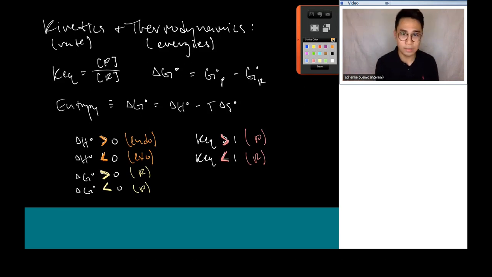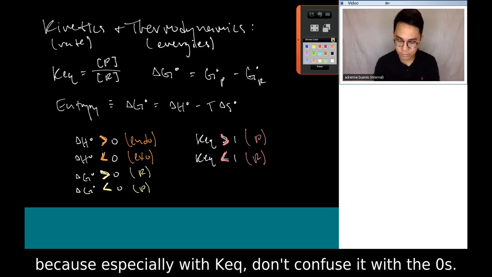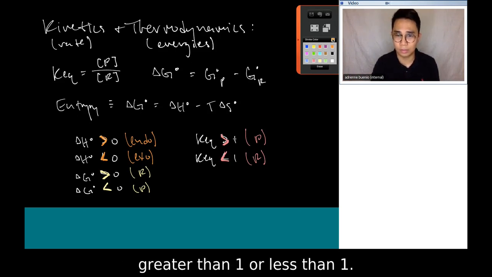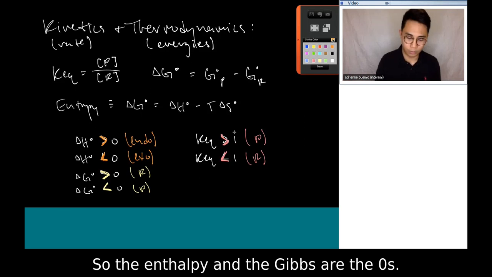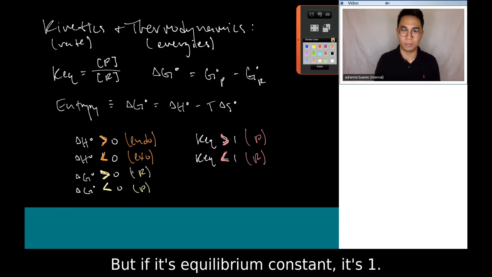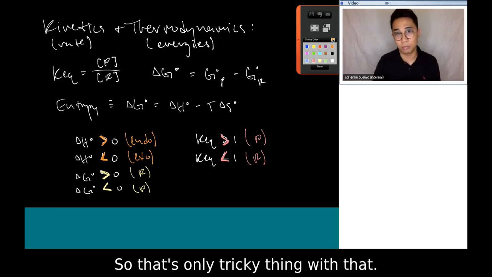These are probably the most annoying, especially with KEQ, don't confuse it with the zeros, right? This starts off at one because this is greater than one or less than one, right? So the enthalpy and the Gibbs are the zeros. The equilibriums are zeros, right? But with equilibrium constant, it's one. So that's the only tricky thing with that.